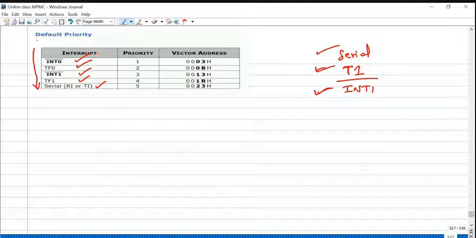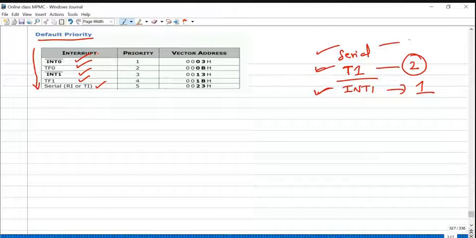Then how will the controller assign the priority? Now check out this default priority. INT0 is the first, so here nothing is there. Then timer 0, nothing is there. Then next priority, INT1 only. Okay, so this is the first priority. Next, TF1, timer 1, and then only serial.